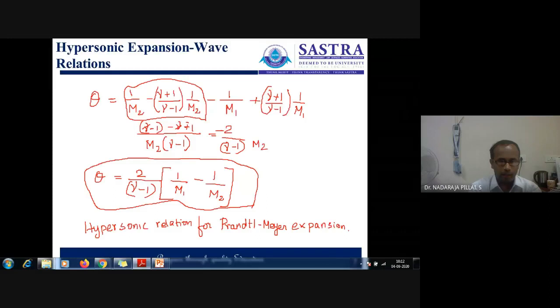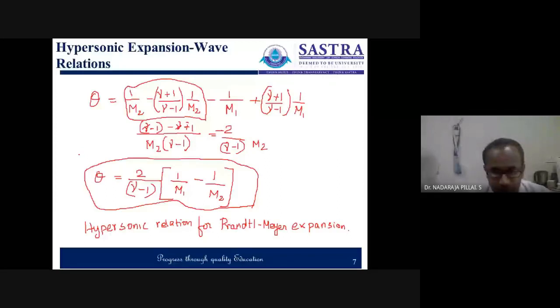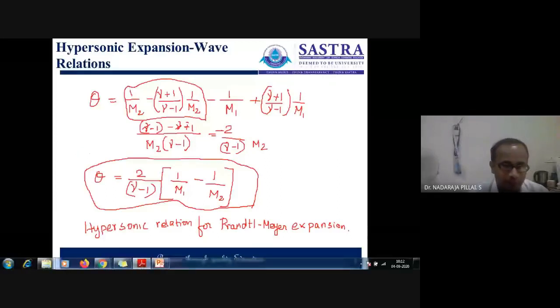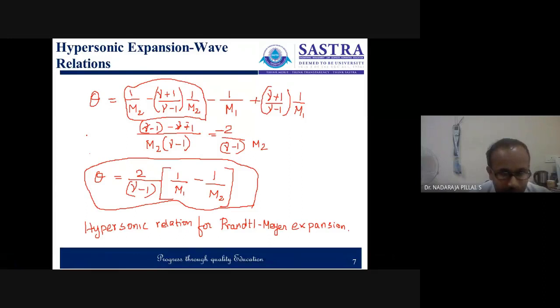So again, calculate the coefficient of pressure. You remember coefficient of pressure again. So let us use this basic isentropic relation to calculate the coefficient of pressure. And the theta will always be a positive quantity because it cannot be negative. That also you need to remember.